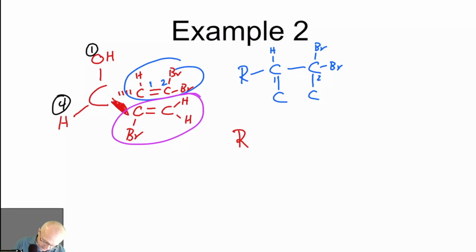The purple one, pardon me. The purple one, carbon to carbon. Let's call this carbon number 1 and carbon number 2, so 1 and 2. Carbon number 1 has a bromine on it.